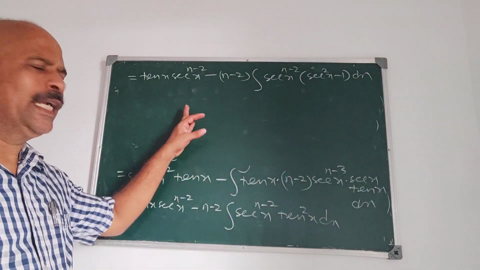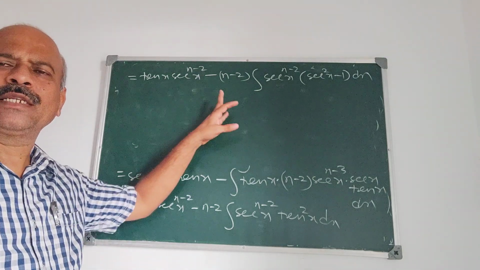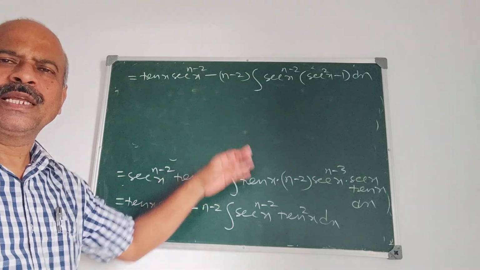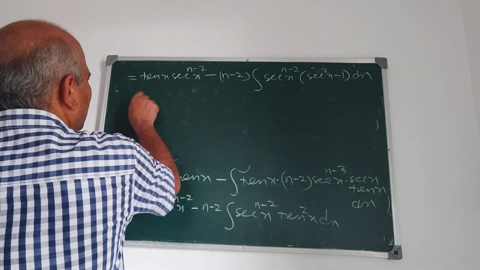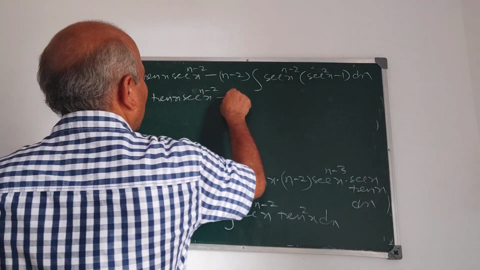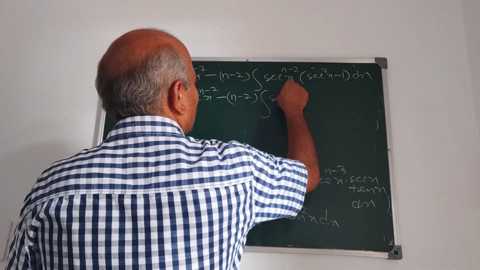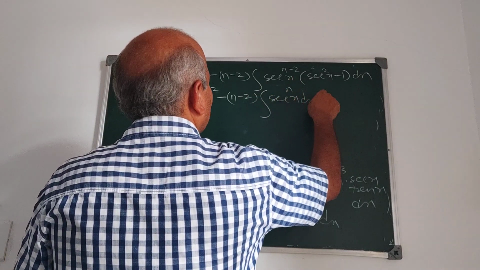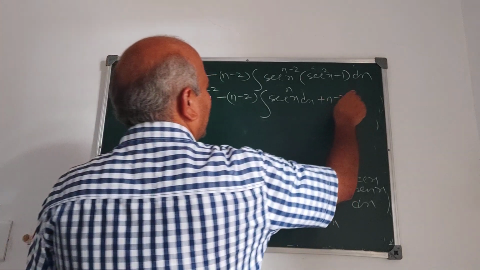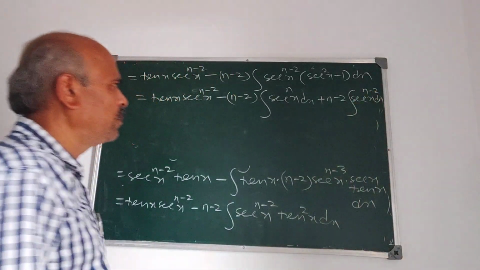So how have we started here? We have written sec x raised to n as sec x raised to n minus 2 into secant square x, and we have integrated by parts. It is therefore tan x sec x raised to n minus 2 minus n minus 2 sec x raised to n dx plus n minus 2 integral sec x raised to n minus 2.